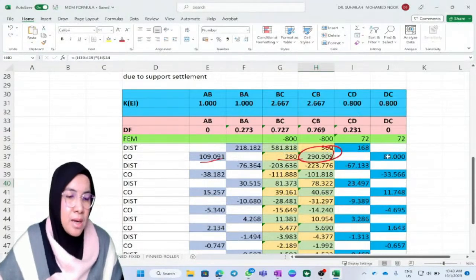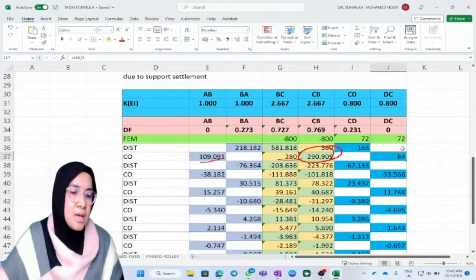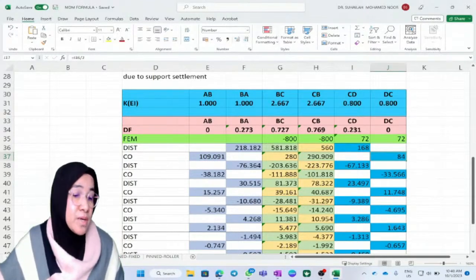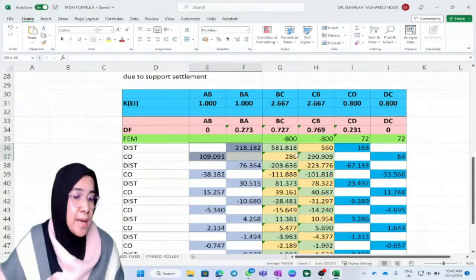Okay, and then we get 84 from 168. So repeat the process: distribution, carry over, distribution, carry over.